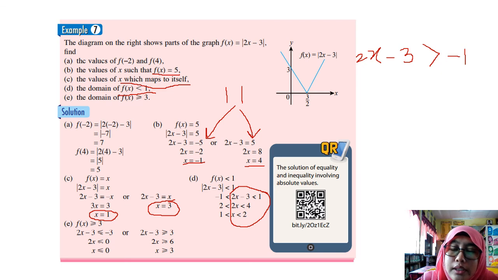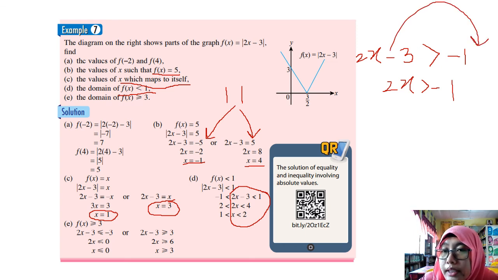Dan kenapa dapat 2? Sebenarnya sama je dekat sini. So, bila dah dapat macam ni kan, kamu simplify, kamu akan dapat 2x. Okay, yang ni lebih besar. Yang ni sama je, negatif 1. Tapi negatif 3 ni, bila bawa sebelah kanan, dia akan jadi positif 3 kan? Positif 3. So, kamu akan dapat 2x lebih besar daripada 2.